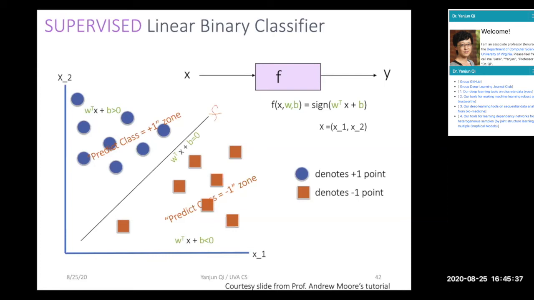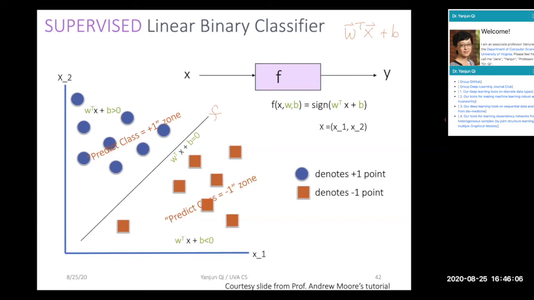So there are only two parameters that define that line, and then every line in the two-dimensional space can be represented as W transpose X plus B. And this X is in a two-dimensional space in this case. And the blue points here represent the positive zone, and the red points here represent the negative zone.